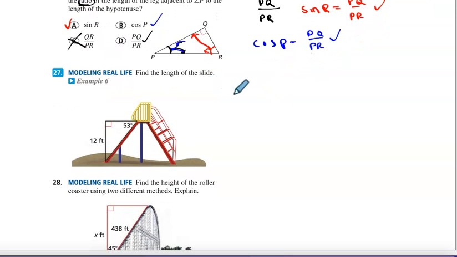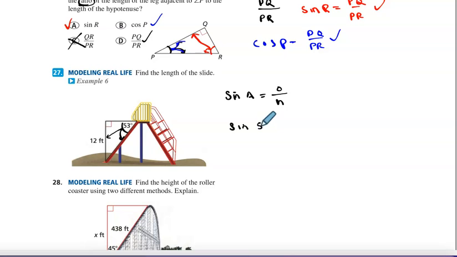Okay, so find the length of the slide. This is opposite the 90, so I'm missing the hypotenuse. I have an angle here, I have the opposite leg, and I'm missing the hypotenuse. So I have the opposite, so I'm going to use sine of the angle, opposite over hypotenuse.